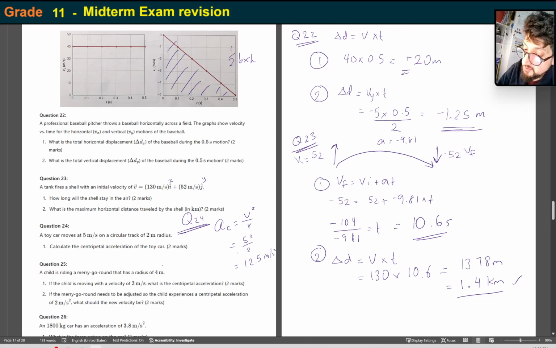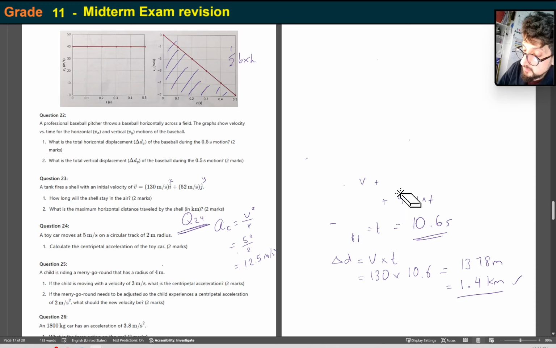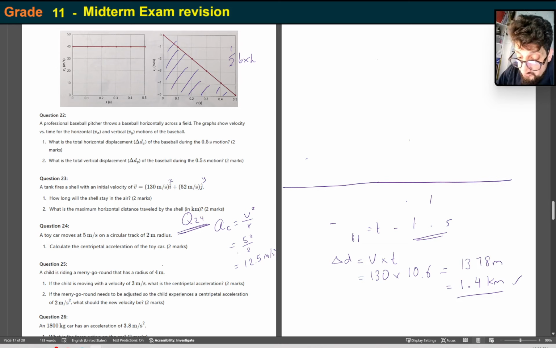Question 25. I'm going to need some space for that, so I'm going to take all of this off. Okay. A child is riding a merry-go-round that has a radius of 4 meters.